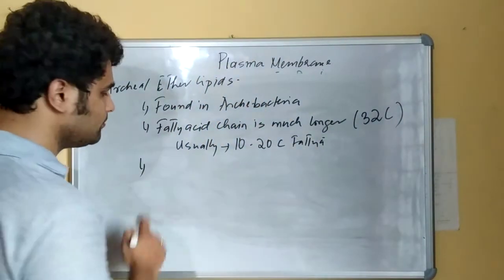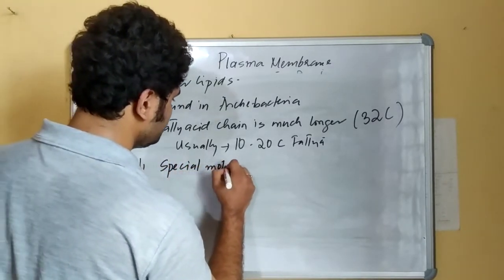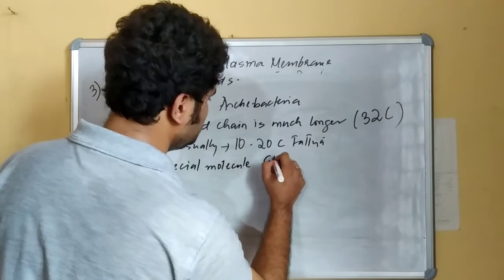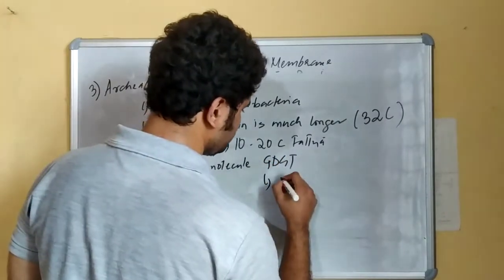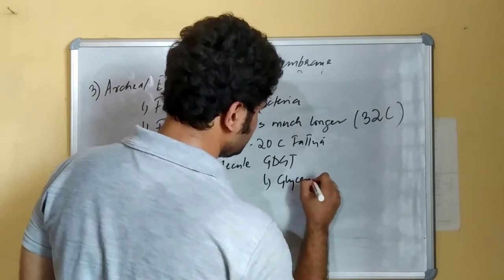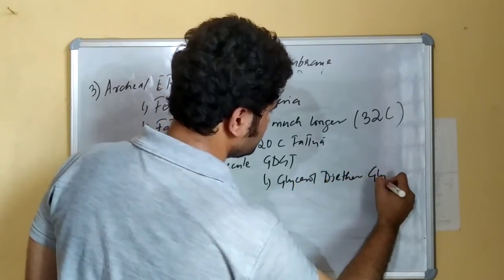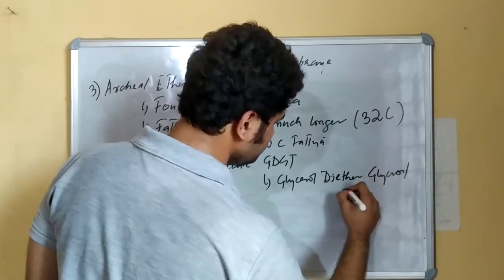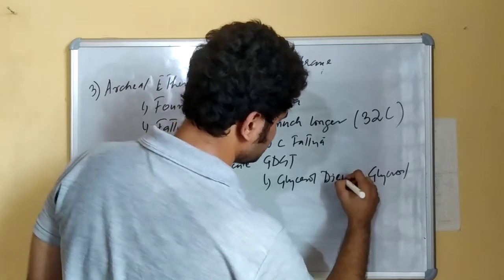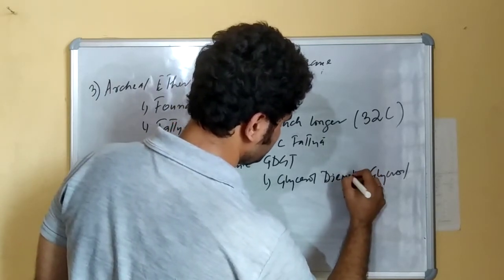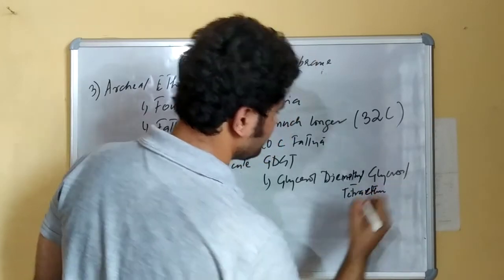There is a special molecule called GDGT: glycerol dialkyl glycerol tetraether.